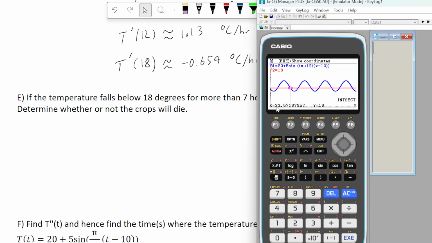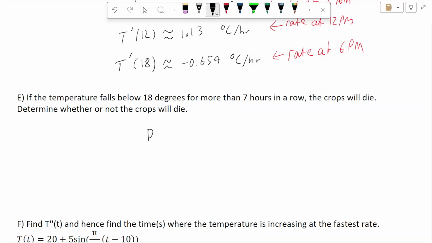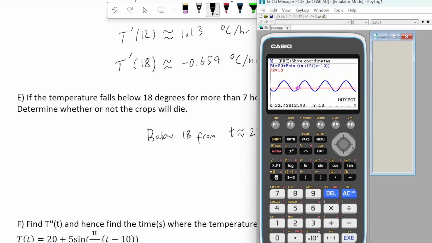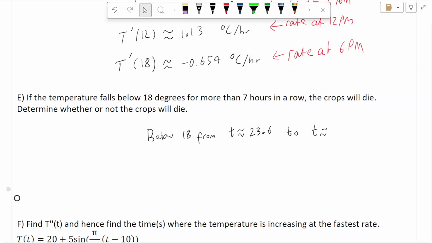So it appears to be at 23.6. So it's below 18 from t is 23.6 to t roughly equals, and then we can just hit over to the next one, 32.428.